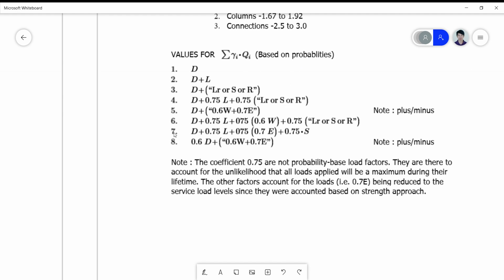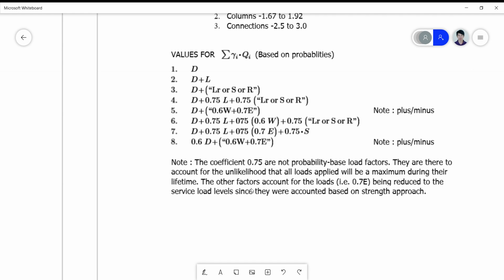That's why, compared to ASD, the LRFD is a little bit more involved in terms of the inclusion of the factors of safety involved.